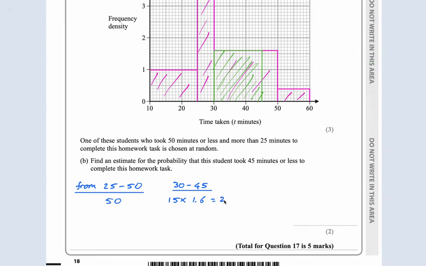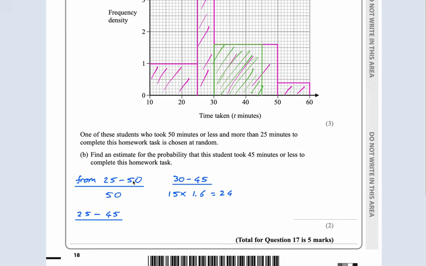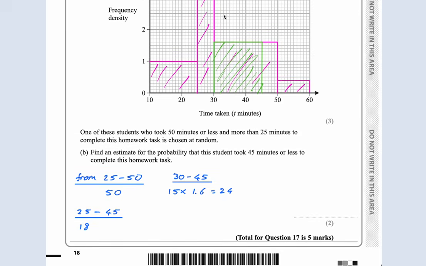So there's 24 people in this green area, but I have to do from 25 to 45, because now I'm also going to include these 18 people, so I need to add on this 18. So there's 18 from this column plus the 24 from the green area, and this is 42.